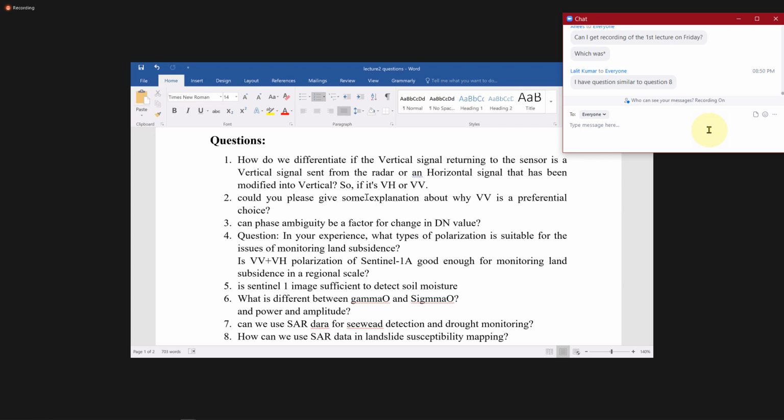They may react more to that, which is often what you prefer. And sometimes they're also less affected by double bouncing. HH is often more affected by double bouncing, so some people do that. But it's not a general rule that VV is always the best, right? That is not the case.